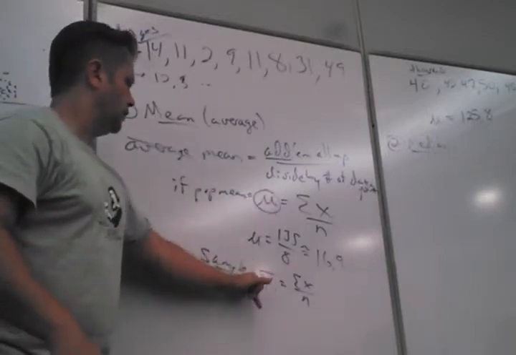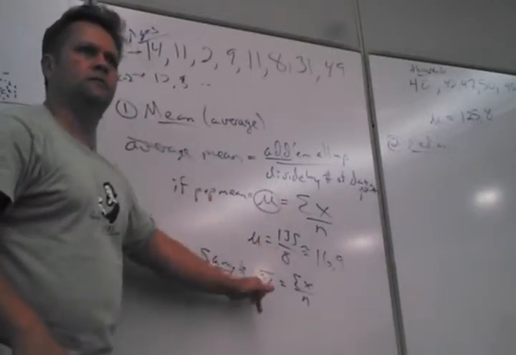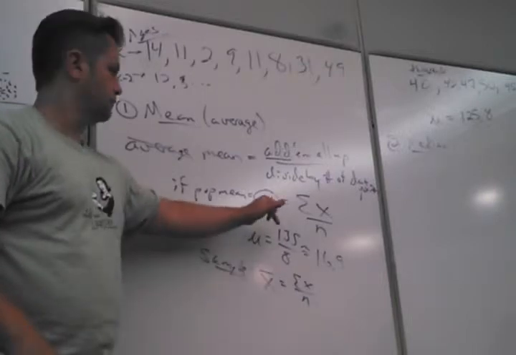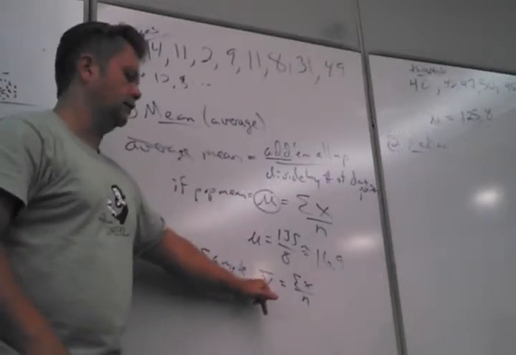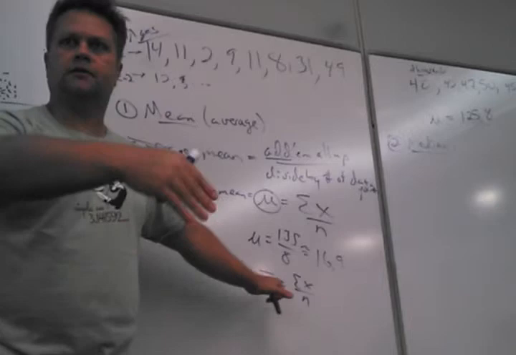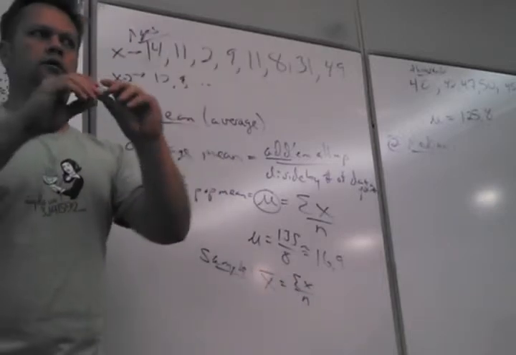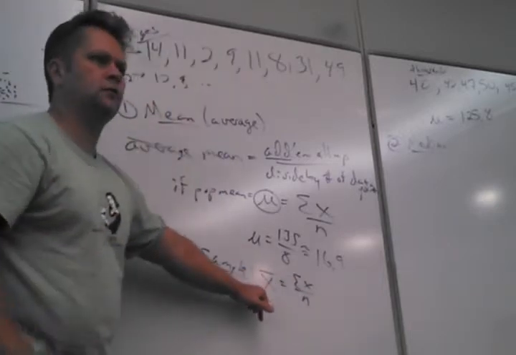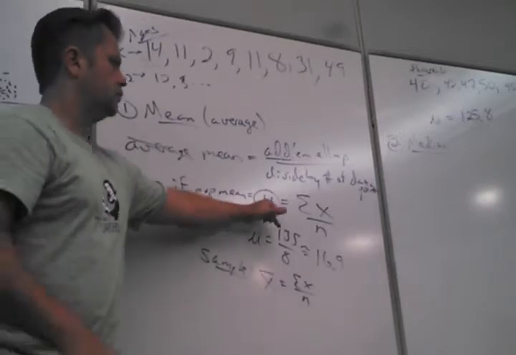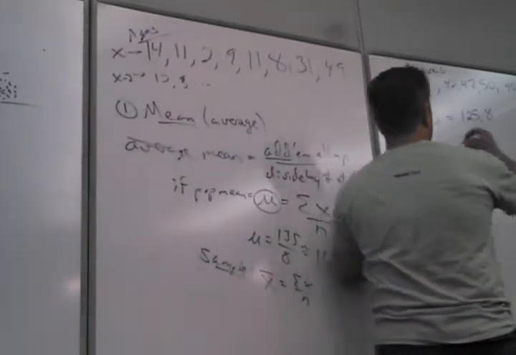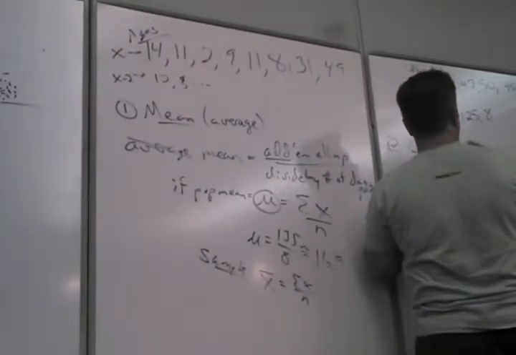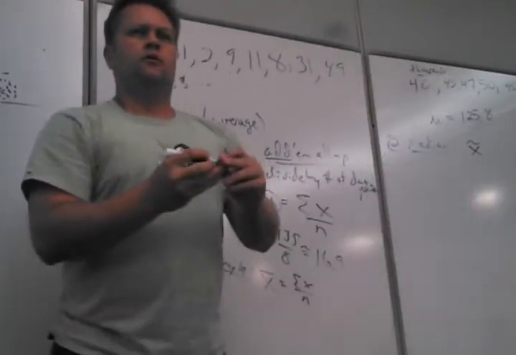So which one of these is a parameter? Mu. I love it. So x bar is a statistic because it's talking about a sample. So that's the symbol if it's a sample, and that's the symbol if it's a population. Median doesn't really care which one it is. It's always this symbol.